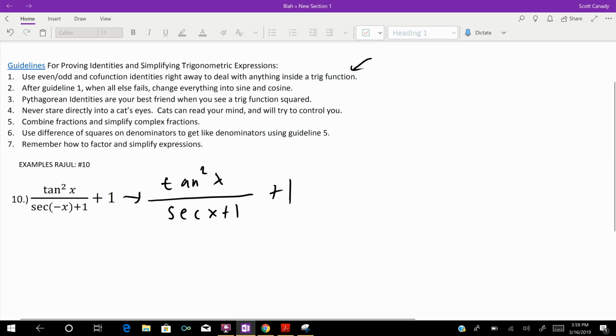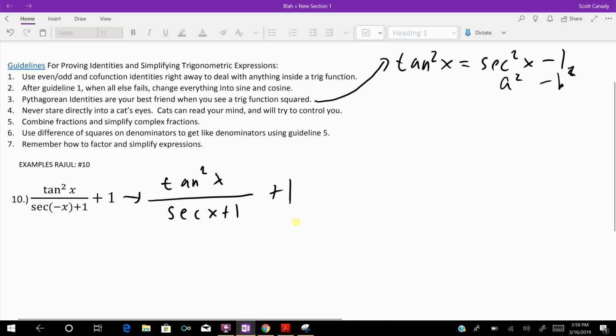And now, just like I did before, I'm going to use both a Pythagorean identity and difference of squares to help myself out. So, using the Pythagorean identity, tangent squared x equals secant squared x minus 1, I can then use difference of squares, where that's a squared minus b squared, to do some magic.